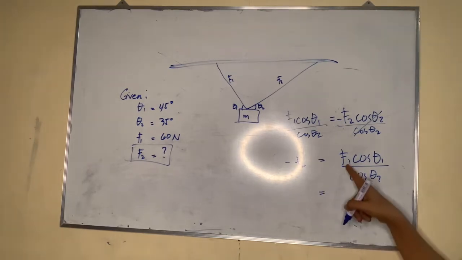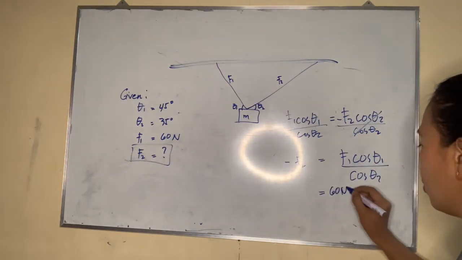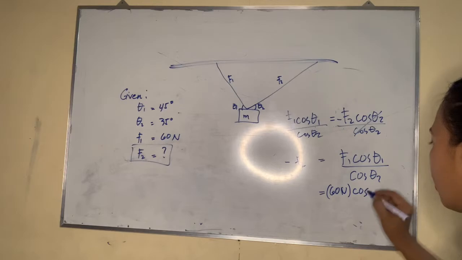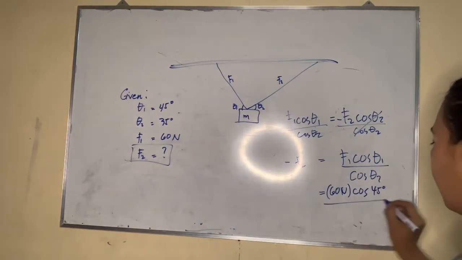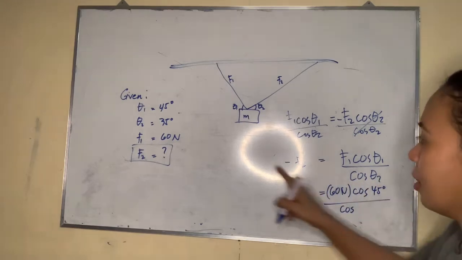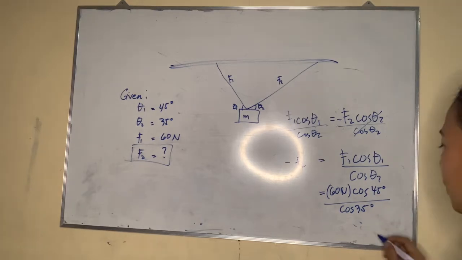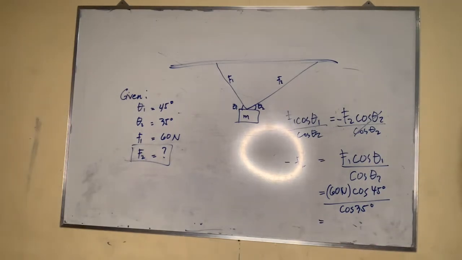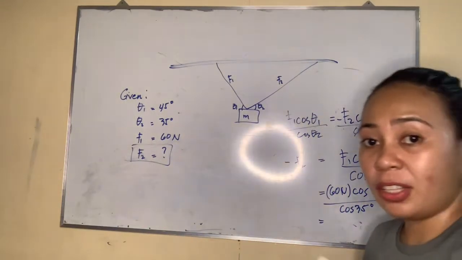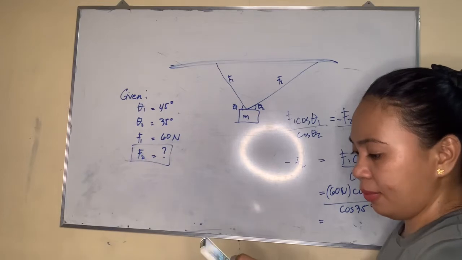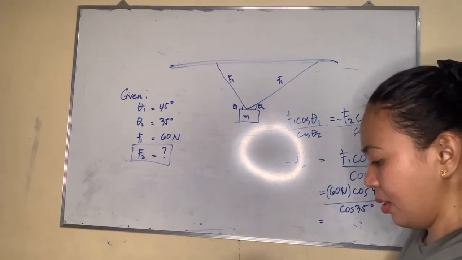So now, just put in what's given for F1 here: this is 60 Newton times cosine theta 1, which is 45, divided by cosine theta 2, which is 35. If you're going to multiply that, I don't have a scientific calculator, but if you have a smartphone, you can use that.